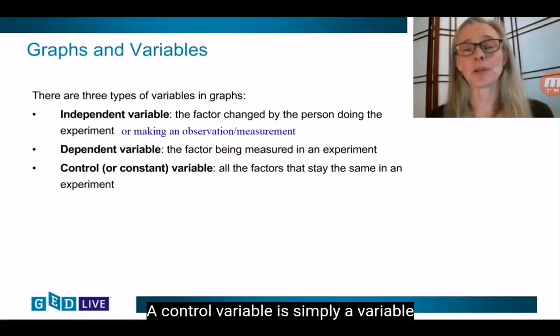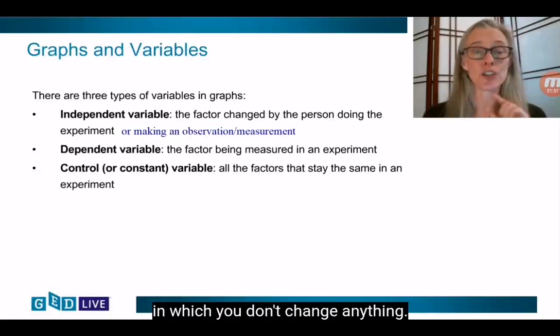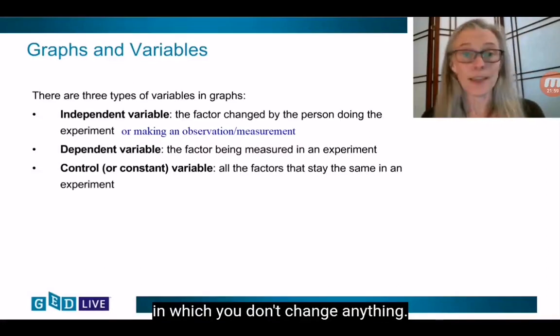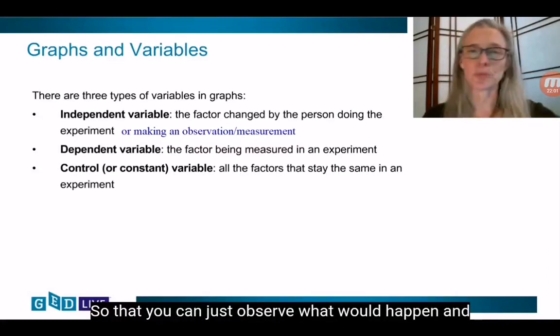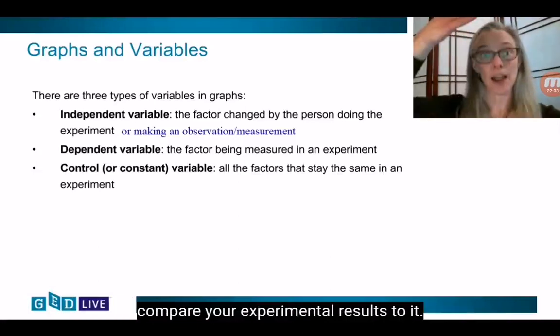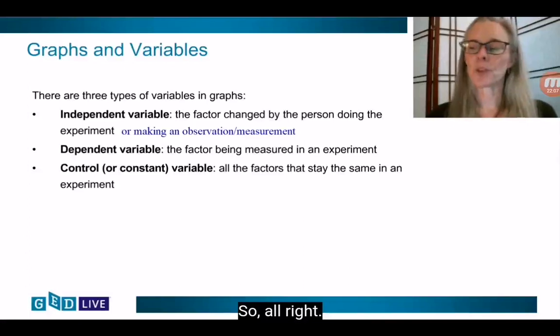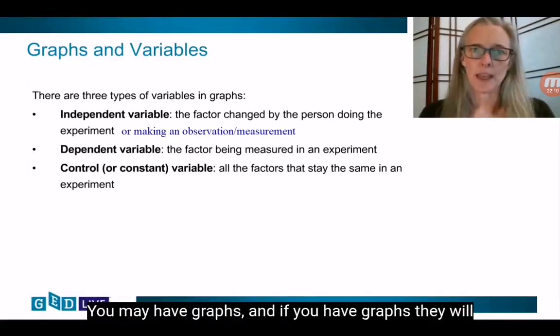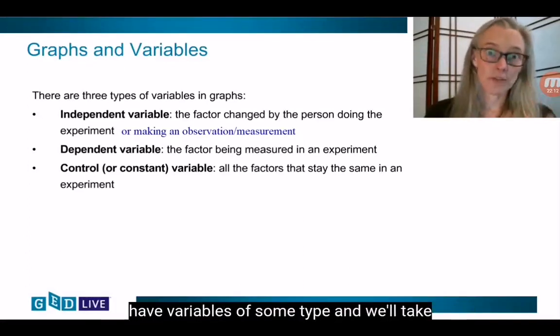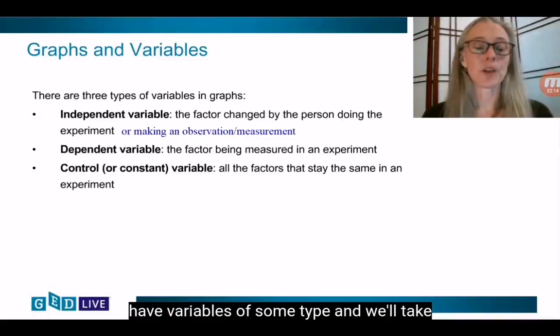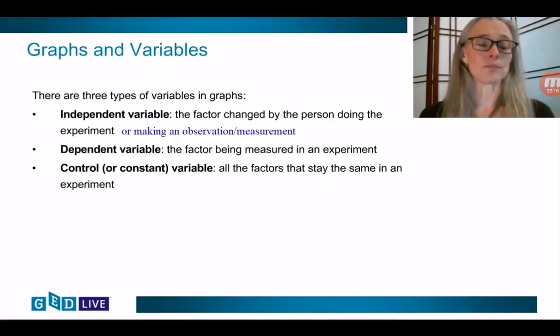A control variable is simply a variable in which you don't change anything so that you can just observe what would happen and compare your experimental results to it. So, all right. You may have graphs, and if you have graphs, they will have variables of some type. And we'll take a look shortly at that.